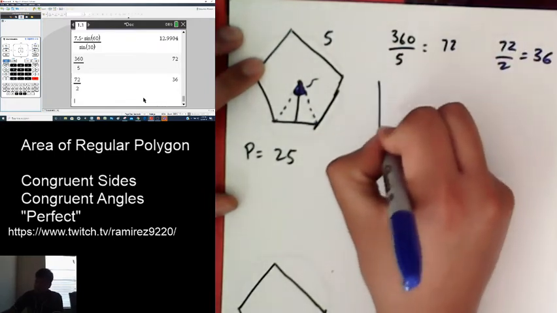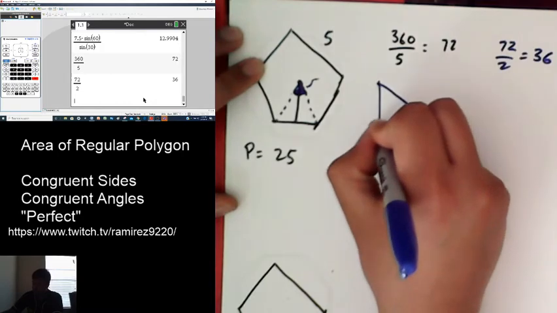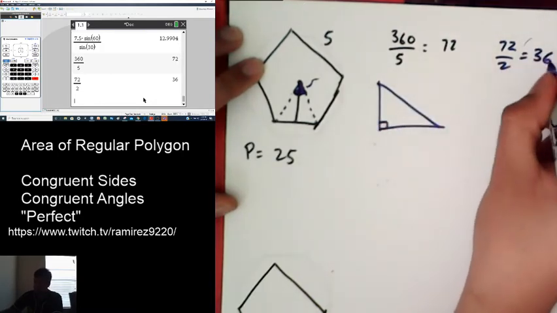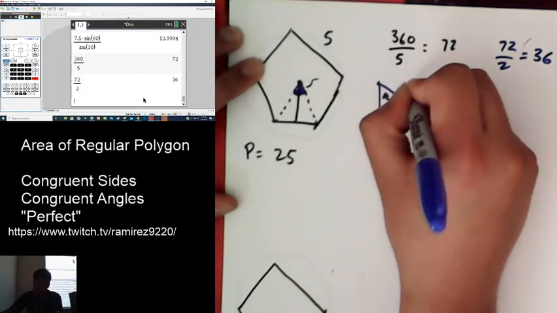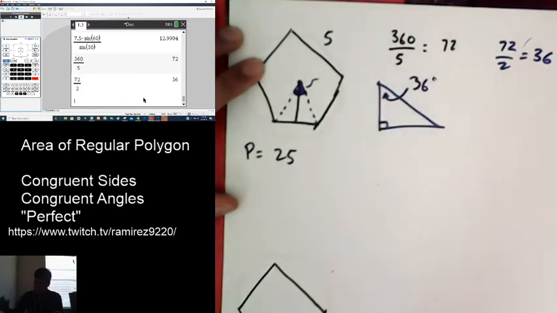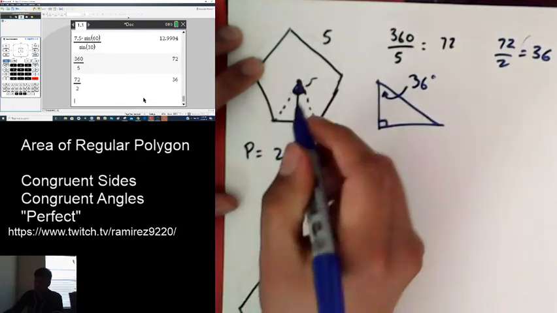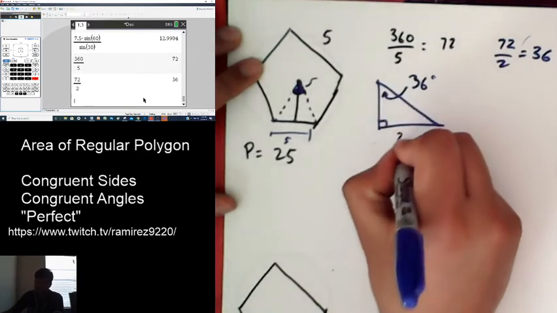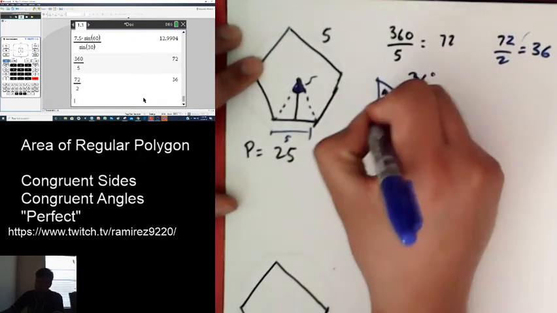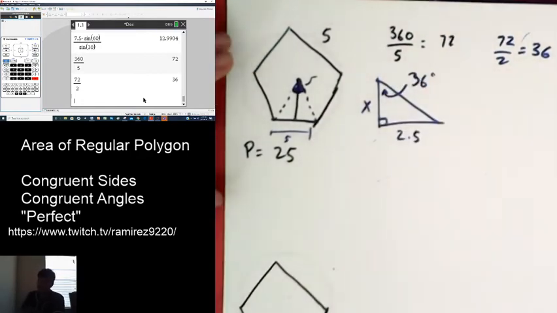And so when I'm working with my right triangle, I know that this angle right here is 36 degrees. Since this was 5, from here to here it's 5. And again, same thing, I have to divide it by 2, and half of 5 is 2.5. And I'm looking for my apothem. Call it x.